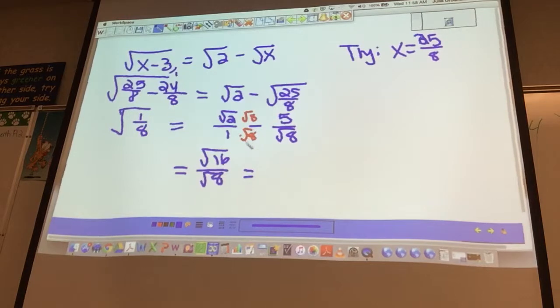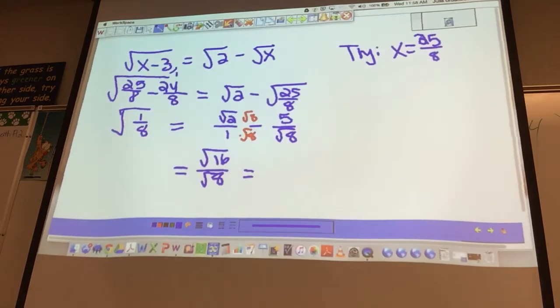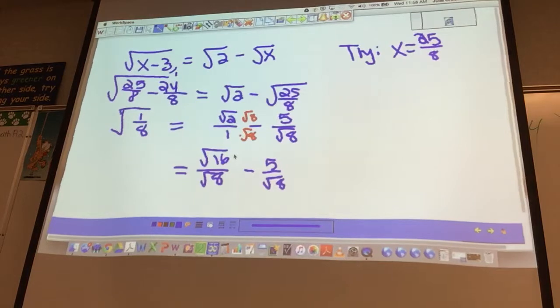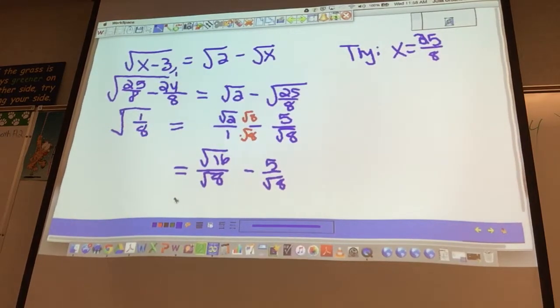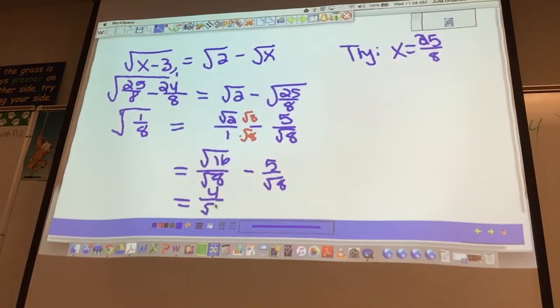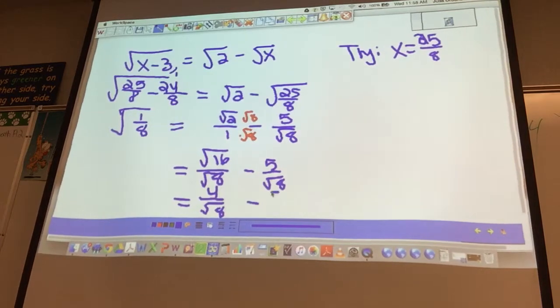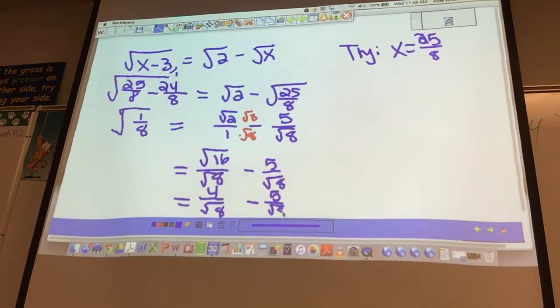And over here, I have a, sorry, that's minus. I have a minus 5 over radical 8. So lastly, the square root of 16 would become 4. And when I simplify it, I do not get 1 over 8. I get negative 1 over radical 8.